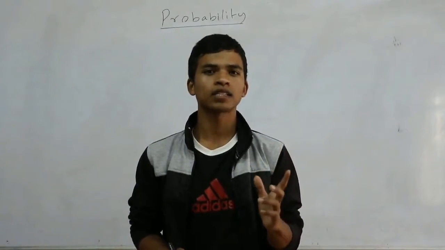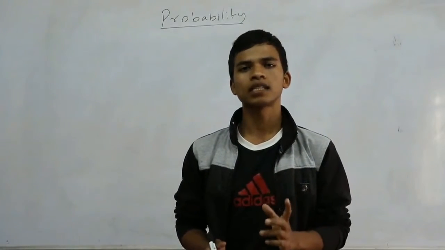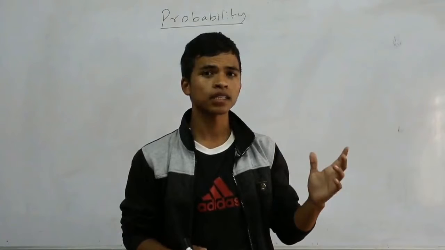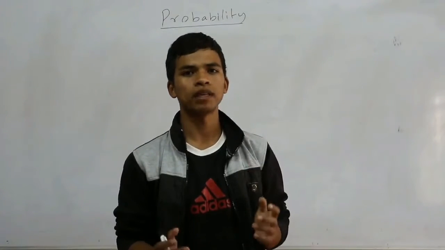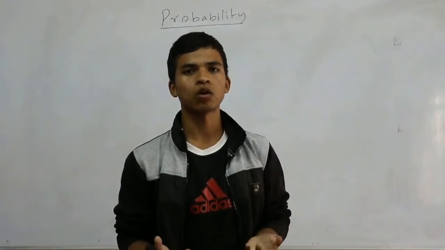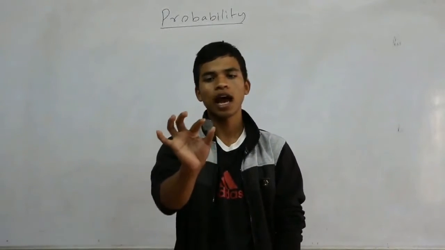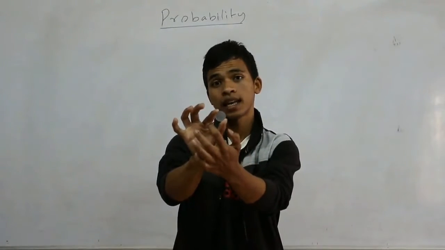So that word chance means probability. So probability and chance, they mean the same thing. So if you say there is a chance that it will rain tomorrow, in other words, we can say there is a probability that it will rain tomorrow. Let's take an example of a coin. A coin has two faces. Suppose you call one face head and the other face tail.